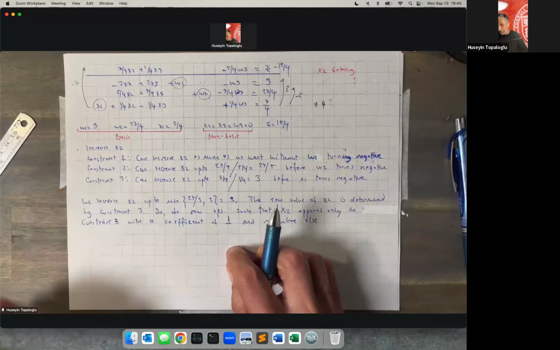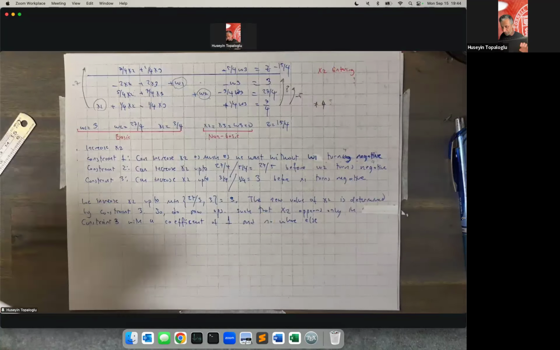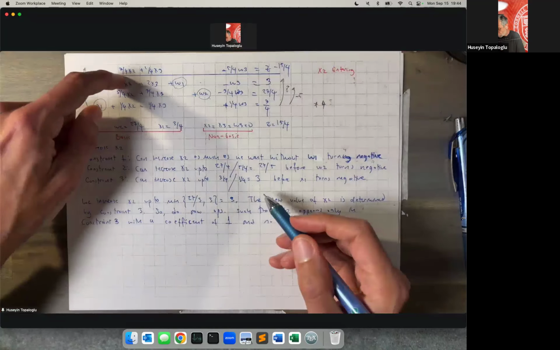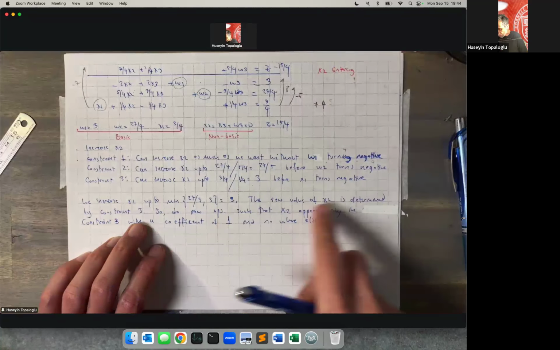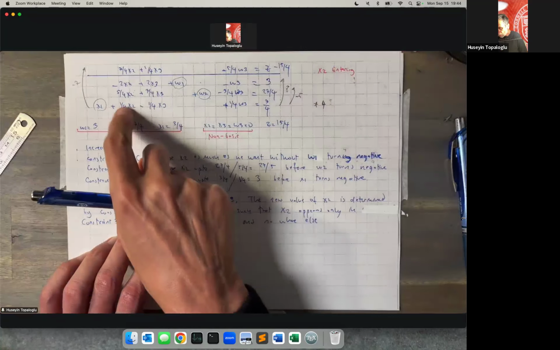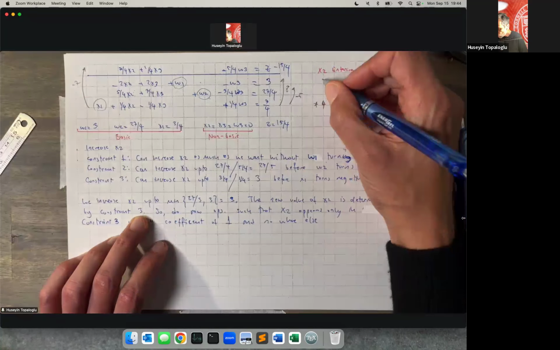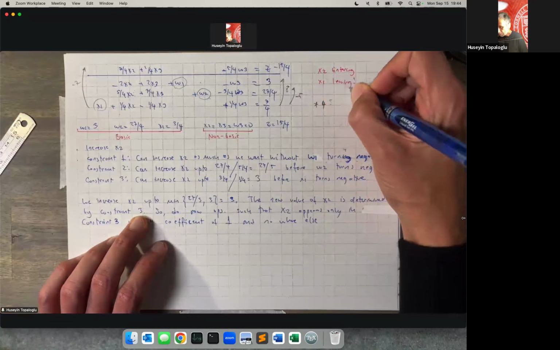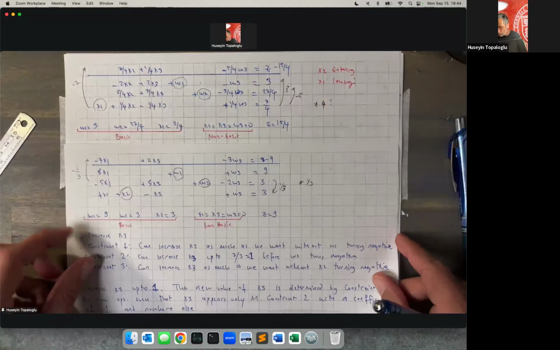What is the constraint that is determining the value of x2? That is constraint 2. As a result, the basic variable corresponding to constraint 2 is going to be leaving. So x1 is leaving. And indeed, at the next iteration, x1 is not basic anymore, so x1 left.